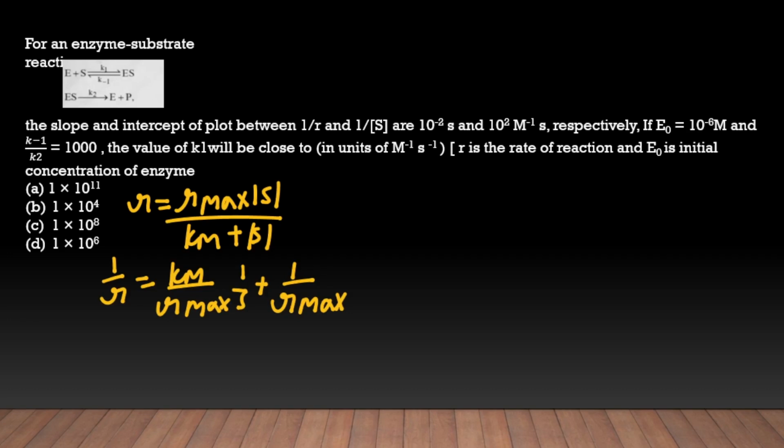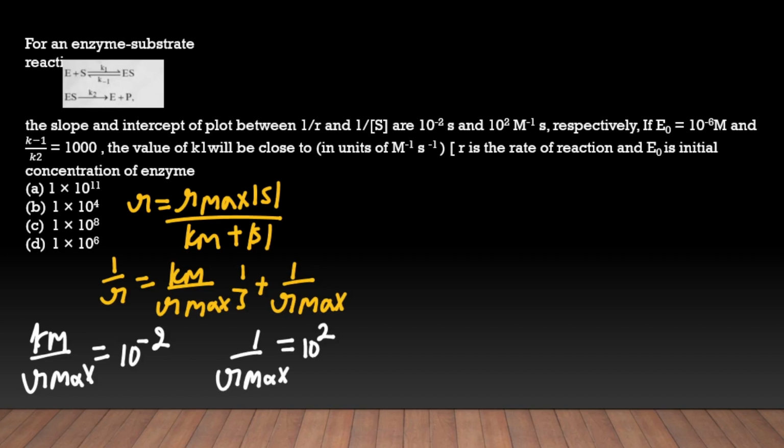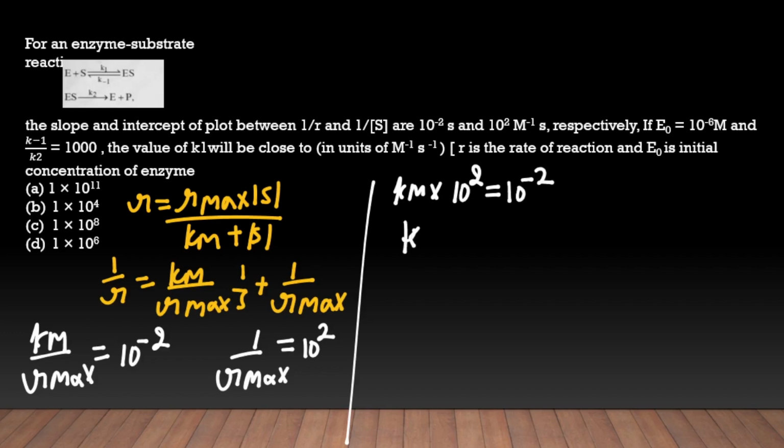The slope, which is Km upon R max, is equal to 10 raised to the power of minus 2, and 1 by R max is equal to 10 raised to the power of 2. So from here Km can be found. Km into 10 raised to the power of 2 equals 10 raised to the power of minus 2, which implies Km will be 10 raised to the power of minus 4.